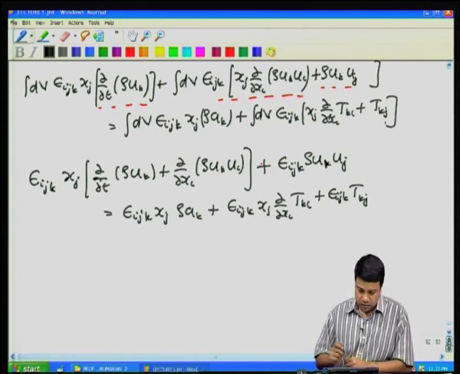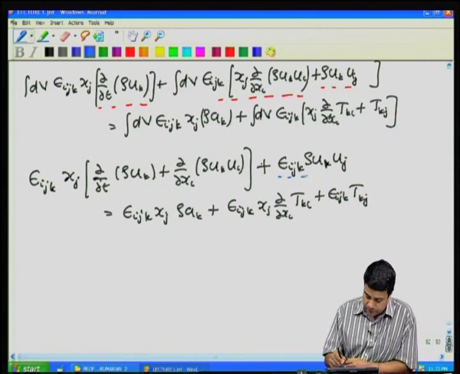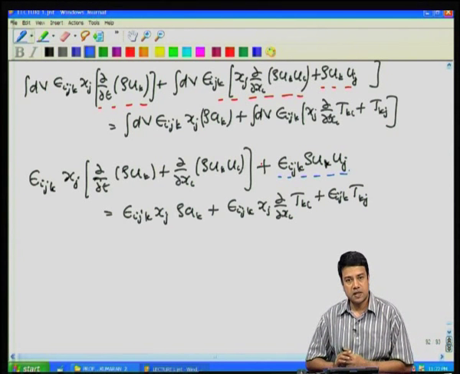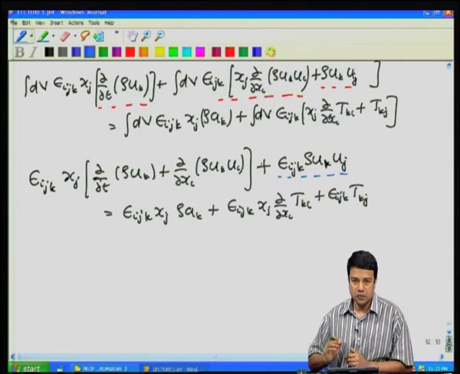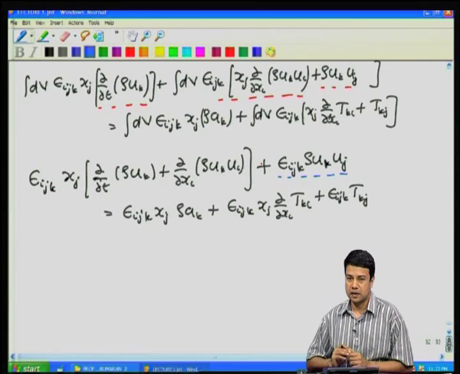Good. If you look at this term here, epsilon_ijk is antisymmetric in the indices j and k. If I reverse j and k, I get the negative of the value that it originally was. u_k times u_j is symmetric, okay, because the 1 2 component, which is u_1 u_2, is the same as the 2 1 component, which is u_2 u_1. If I interchange j and k, I get exactly the same result.